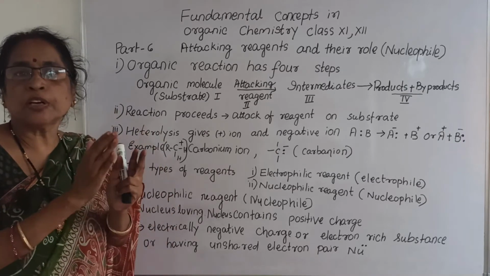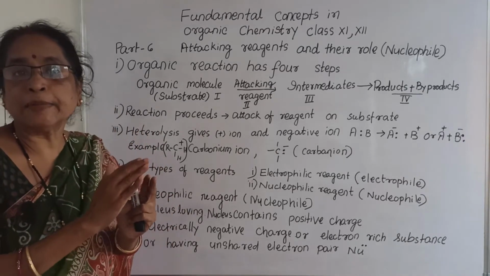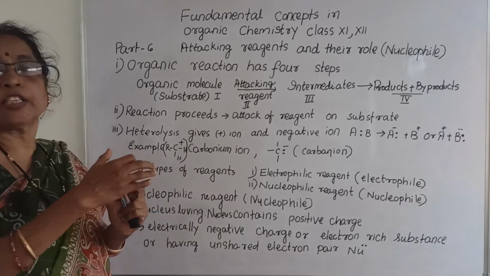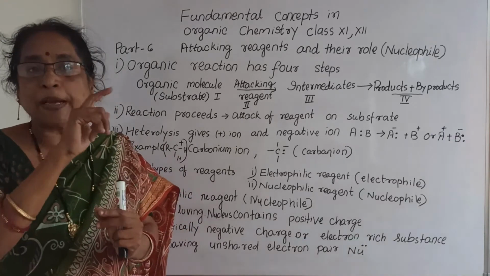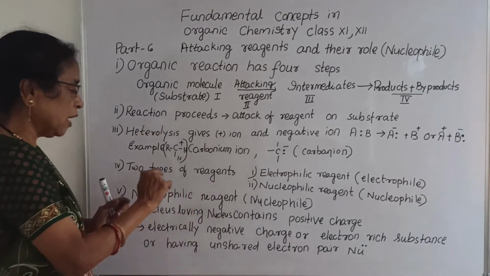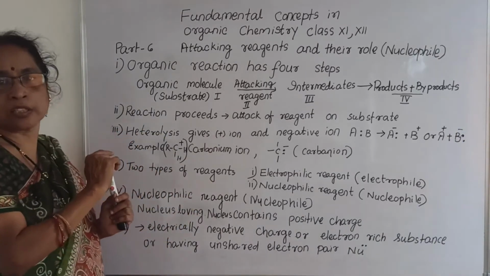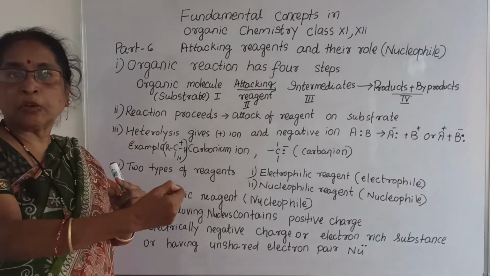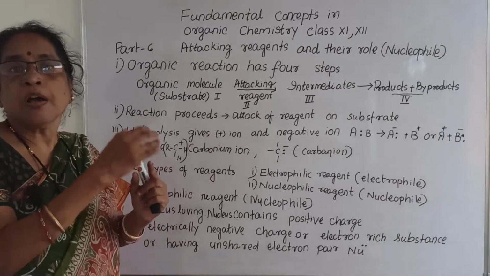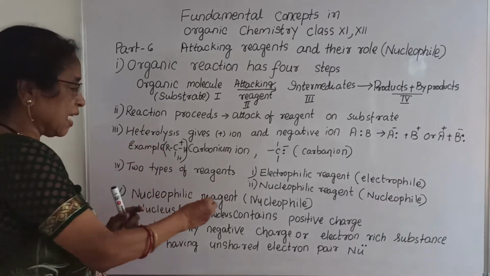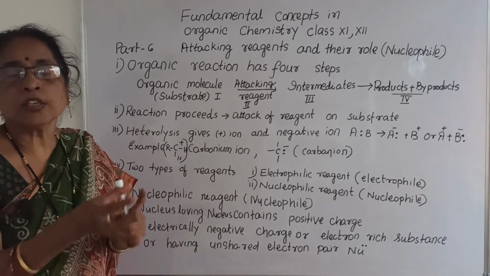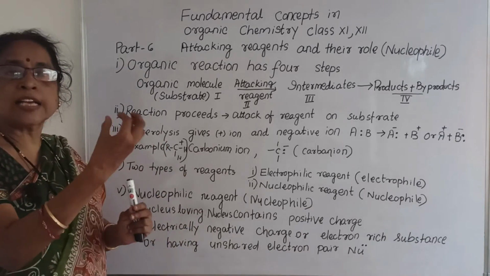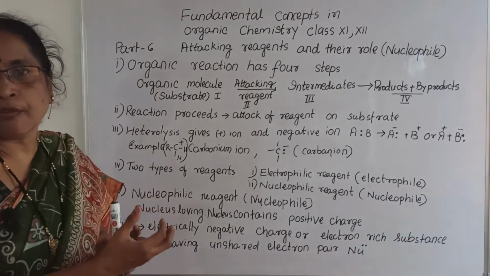That which is electronegative or has a negative charge, the electrically negative charge having a minus sign, will attack the nucleus. Who is attracted by the nucleus? Where there is a negative charge or electron richness, a negative charge having lone pairs of electrons.